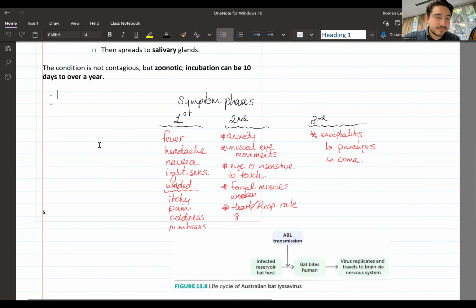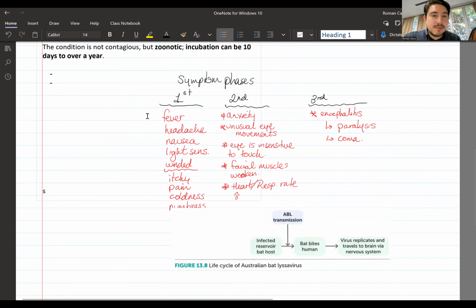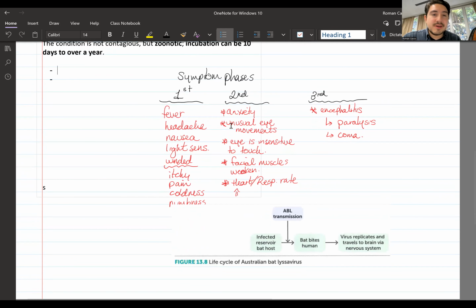And what are the kind of symptoms that you can show as a human, right? Basically, it's broken down into phases, right? And in the first phase, if I can say, you'll have these very general and broad symptoms: fever, headache, nausea, right? You're sensitive to light, winded.